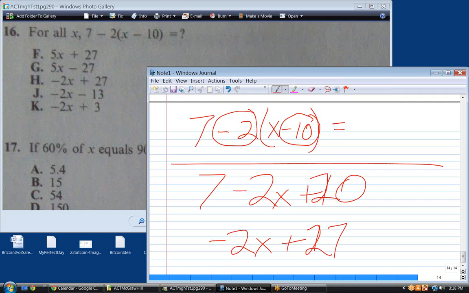Okay? This is a good point to learn, because what happened was you made a math error. You knew how to do the problem, but you made a math error and the answer you came up with wasn't on there. That's an excellent point to note, that I probably made a math error. Had minus 2x plus 17 been on there, we would have answered that and gotten it wrong.